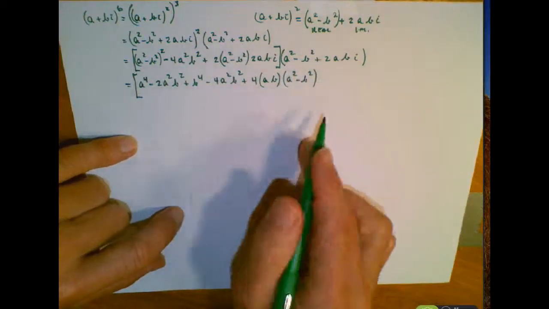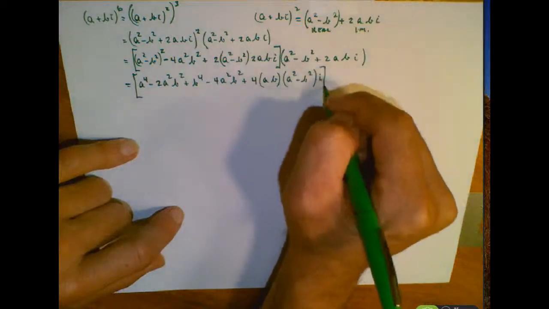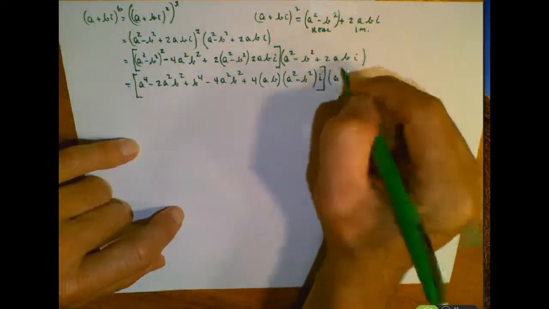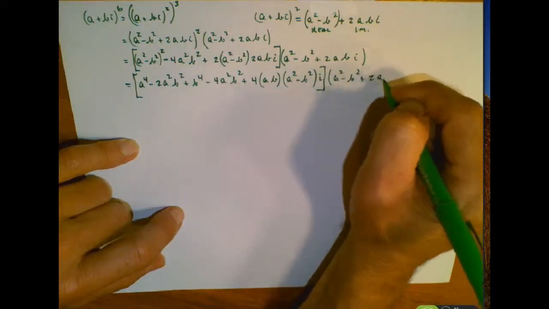I didn't do that for any particular reason. I just kind of felt like it. And that's there. And then let's write our a squared minus b squared plus 2abi.